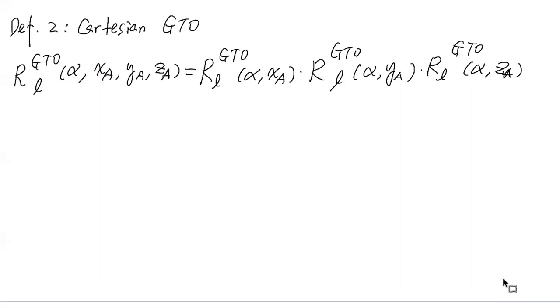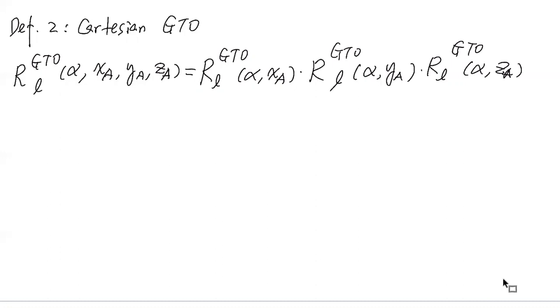Because for the exact solution, if for instance you take a hydrogen wave function and express it in terms of x, y, z, there's no way to separate it into a product of three terms, each of which only depends on x or y or z. There's no way to do this for the exact hydrogen atom, right?